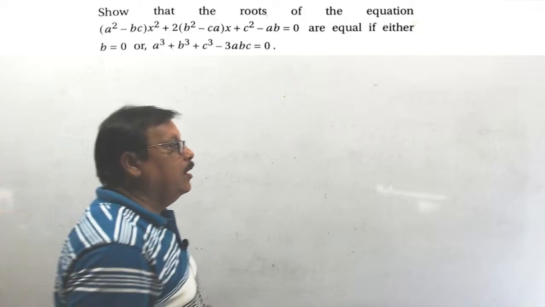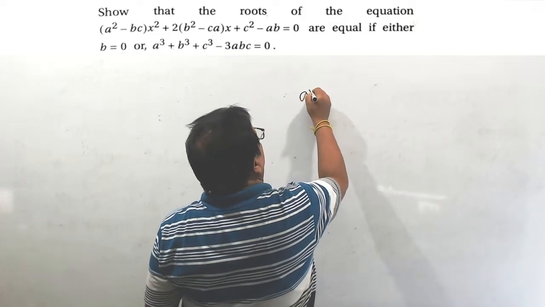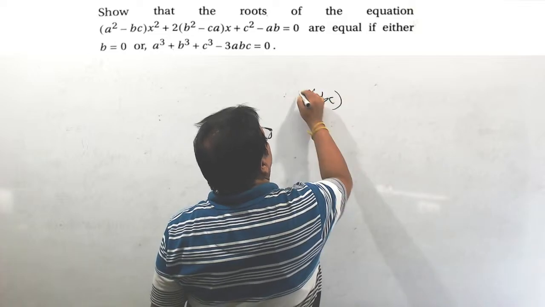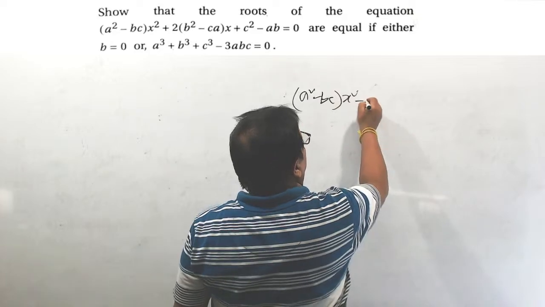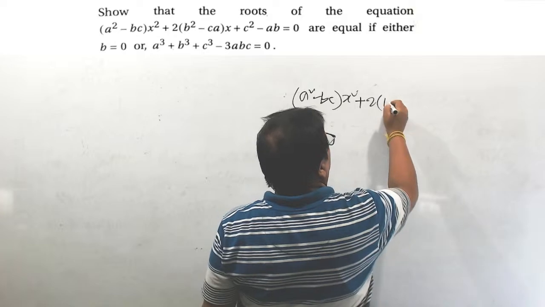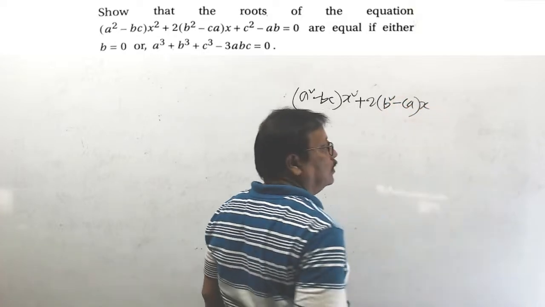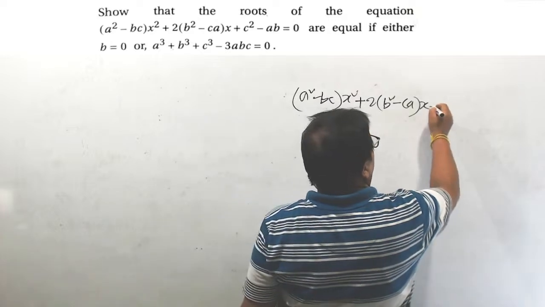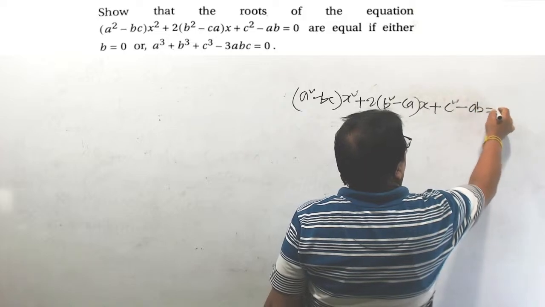What is the equation? (a square minus bc) into x square plus 2 into (b square minus ca) into x plus (c square minus ab) equals to 0.